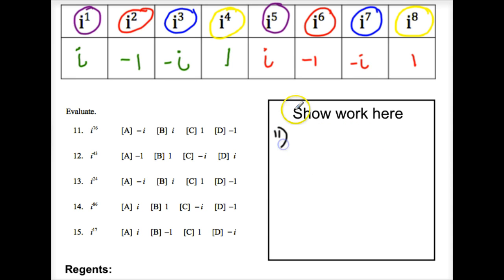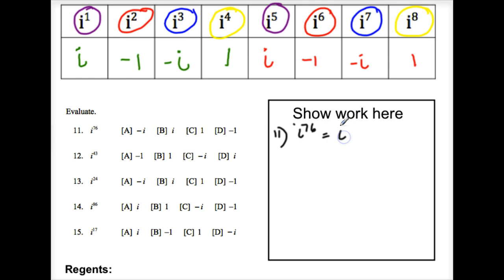11 says, evaluate i to the 76th power. Basically, what I want to do is break the 76 up like I did with the scoops. So 76 divided by 4, I know is 19.